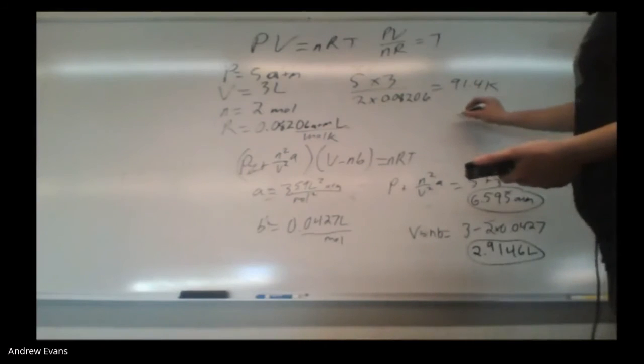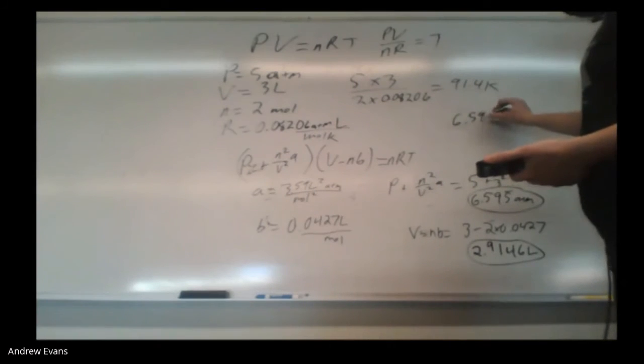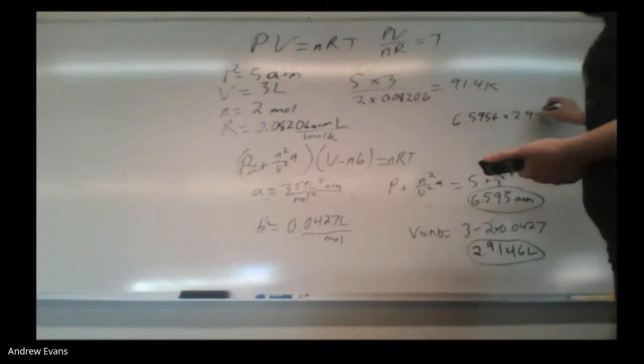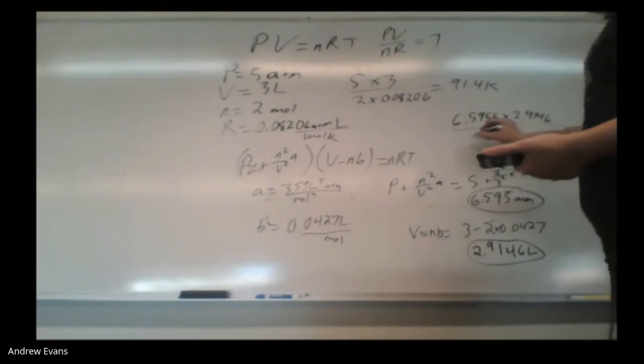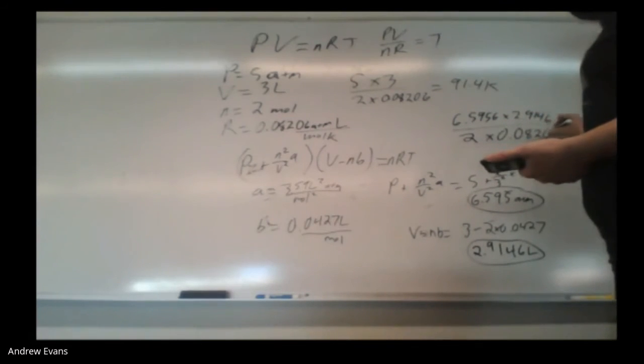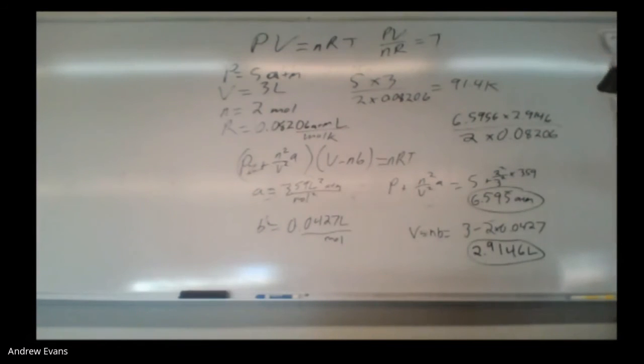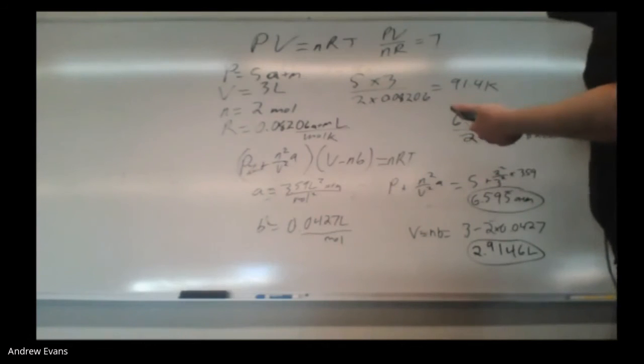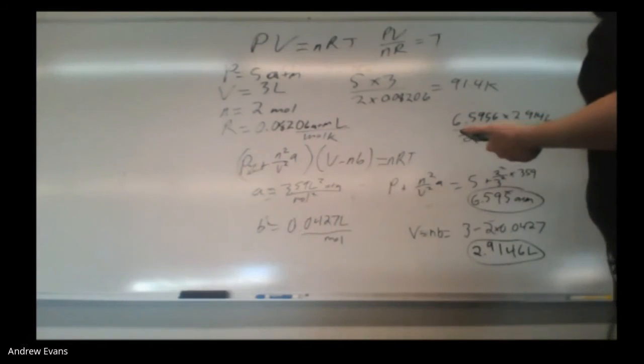So plugging that back in, 6.595, well, let's say 6.6 times 2.9146 divided by 2 divided by our R. And what do we get for the temperature? The temperature is actually closer to 117.1.